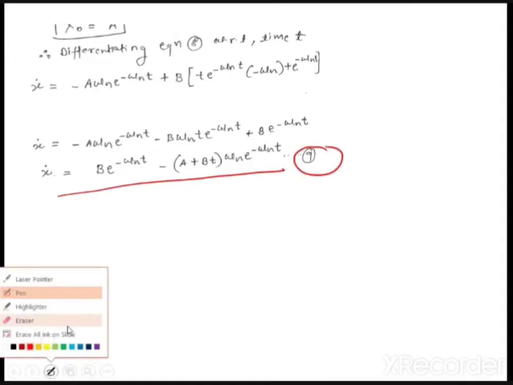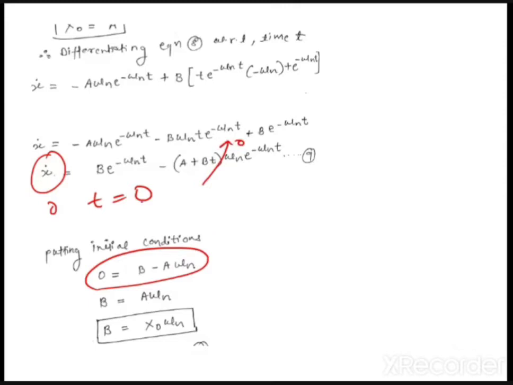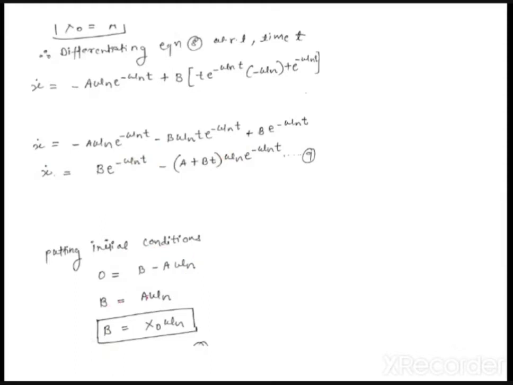Now apply the initial conditions. What are the initial conditions? Putting x dot is equal to 0 and t is equal to 0, you are getting this only, because the t term will become 0 and the exponential term will become 1. So this term will become B, and here you are getting minus A omega n.